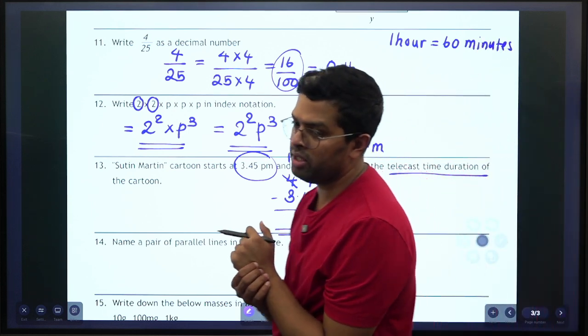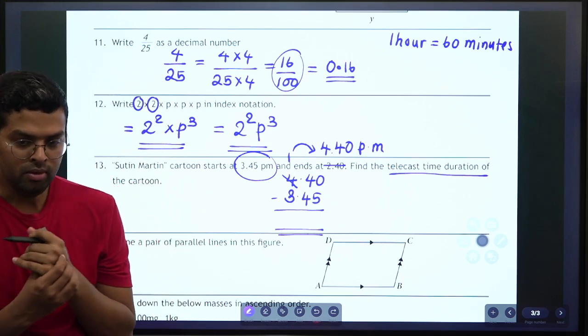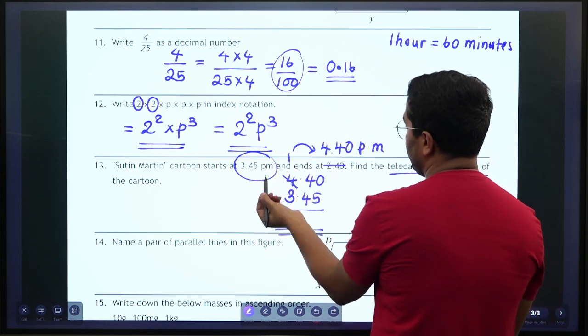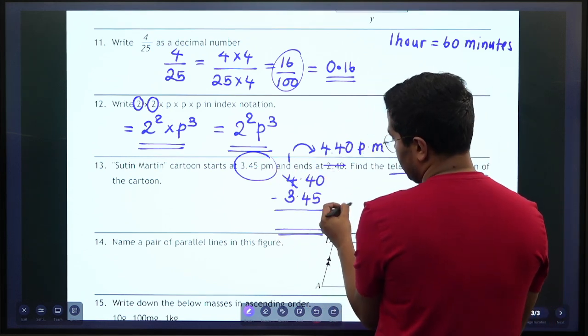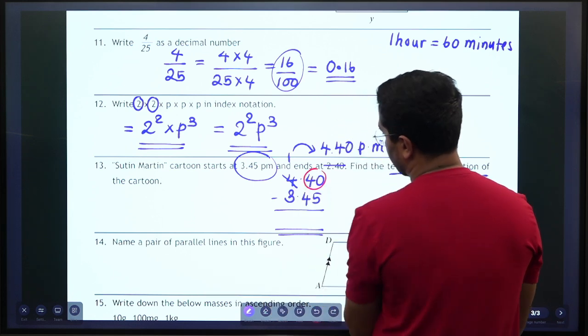Once you bring 1 hour here, it becomes 60 minutes, and there are already 40 minutes in the minutes column.